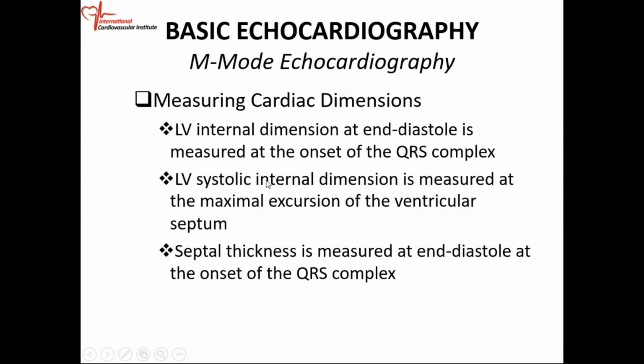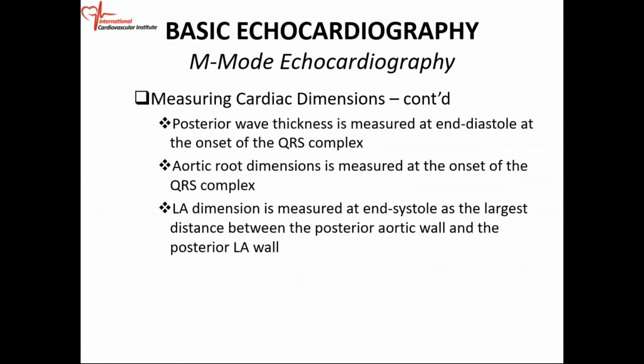LV systolic internal dimension, however, is measured at the maximal excursion of the ventricular septum, and then you drop it perpendicular down to the posterior wall. Just as I showed you before, your septal thickness and your posterior wall are measured at end diastole, at the onset of the QRS. So these are things that we went over before.